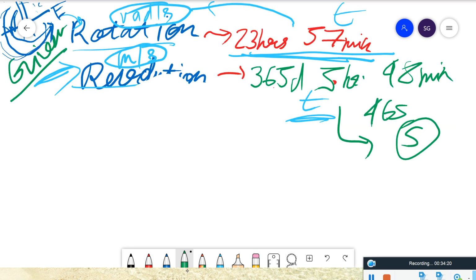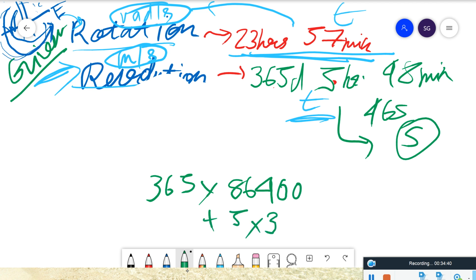Our basic purpose is to convert into seconds. Very easy. 365 into 86,400, one day how many seconds are there, plus 5 into 3,600 plus 48 into 60 plus 46.